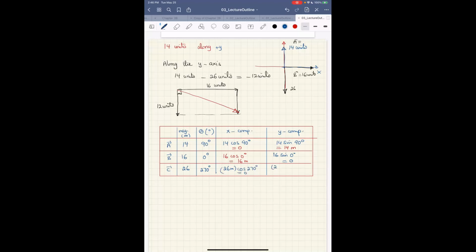And here 26 meters sine 270. Sine 270 is negative 1. And finally, we will add the components, Rx and Ry, like, oh, sorry.